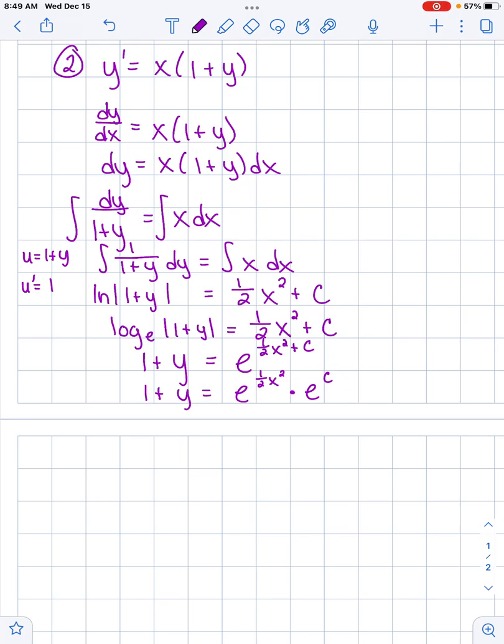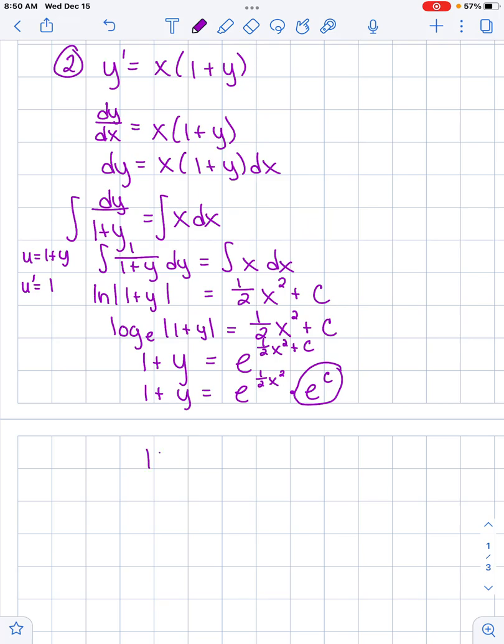So if the exponents were added, I know the bases were multiplied. Well, e is a constant. C is a constant. So if I take a constant called e to a value that is also a constant, the result is also a constant.